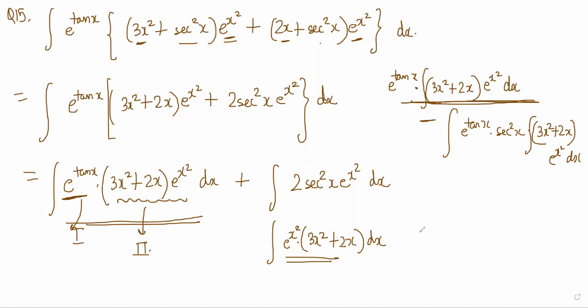Yeah, we'll write it as e power x square into integral of this, which is x cube plus x square, minus e power x square into 2x into x cube plus x square. So this is what is coming here.